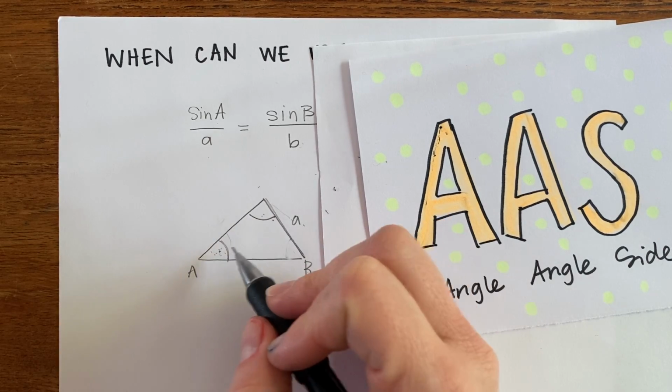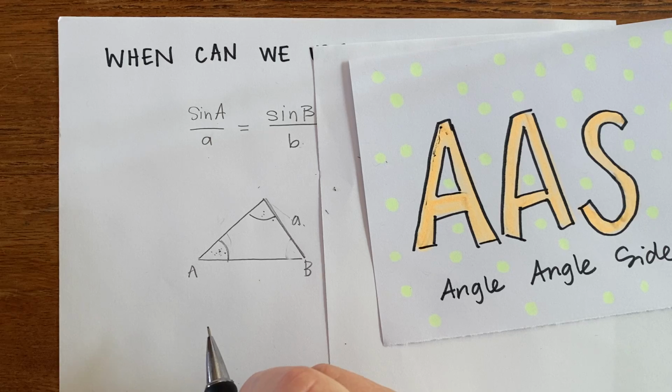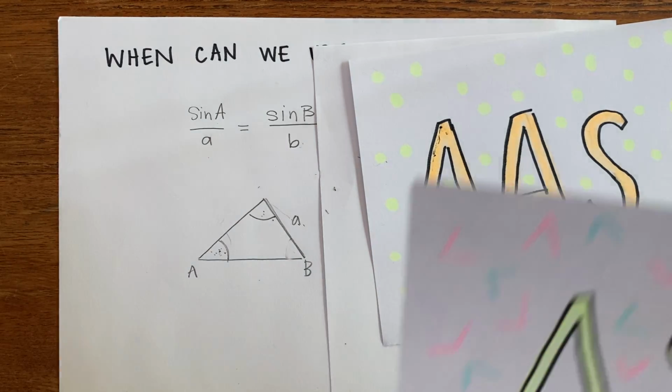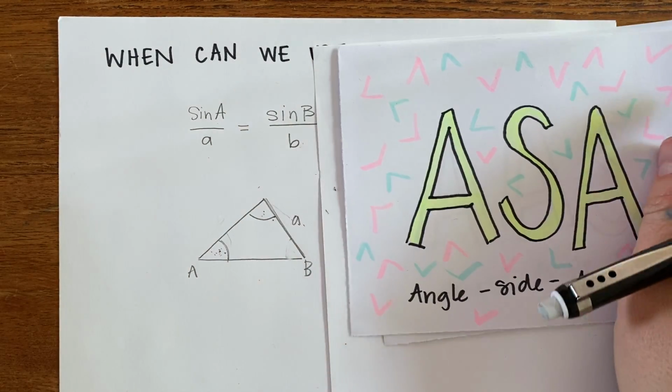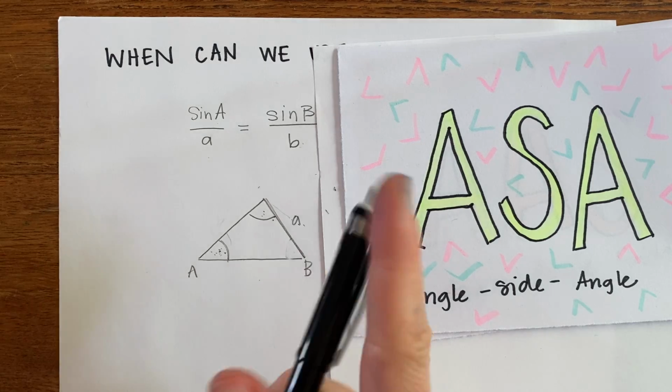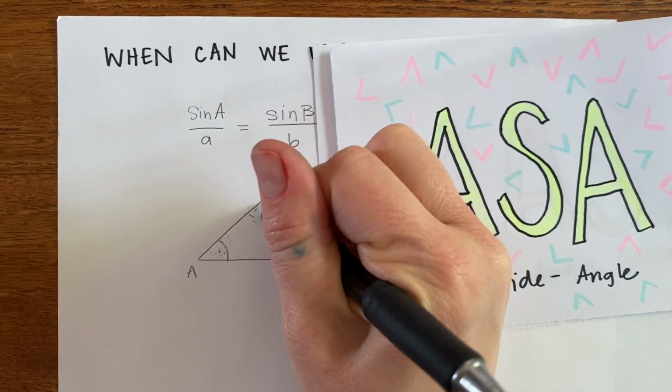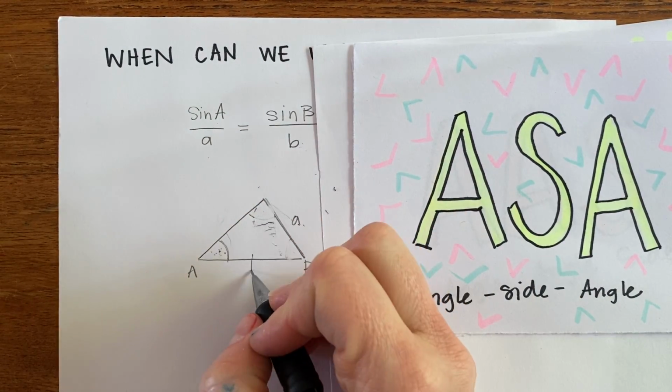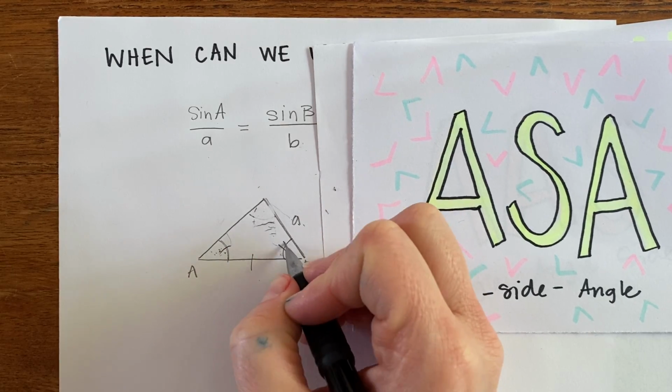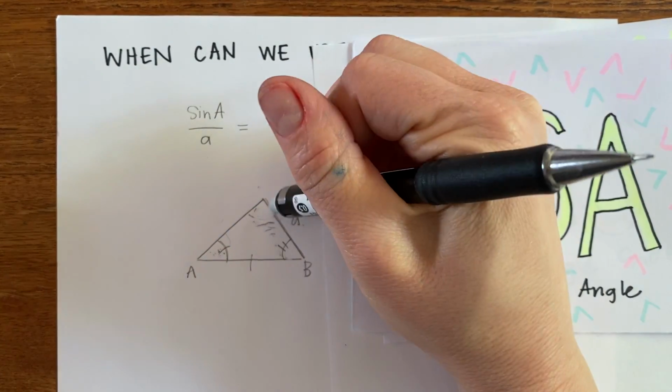What if angle, side, angle? Would that work? What if we had an angle here, this side, and this angle? Would that be enough information?